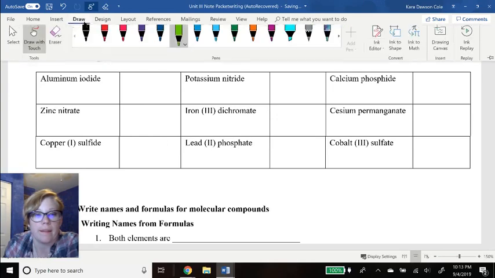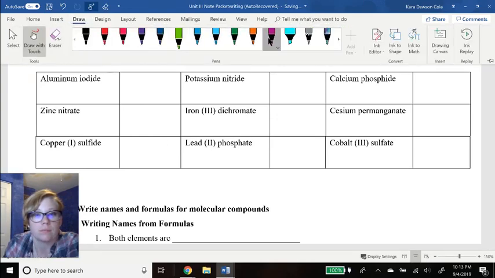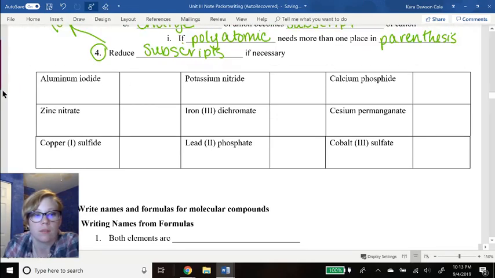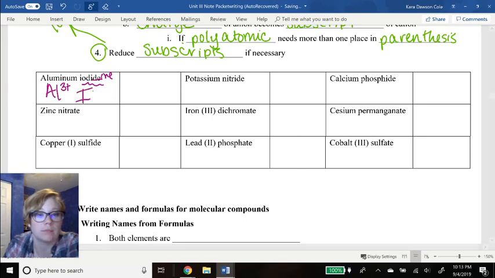So I have aluminum. I know aluminum is Al, and it's got a 3+ charge. And then I have iodide, which comes from iodine, so I know it's I, and this has a -1 charge.